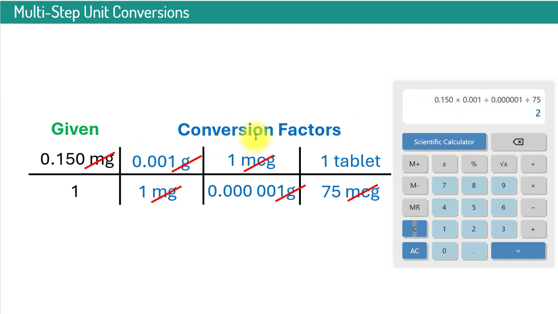Here it is. Now since next fraction has number in the denominator, I will divide by that number. Divide by 1/1,000,000th. And then since next fraction also has a number in the denominator, I will also divide by it. Divide by 75. And that equals 2, which is my final answer.